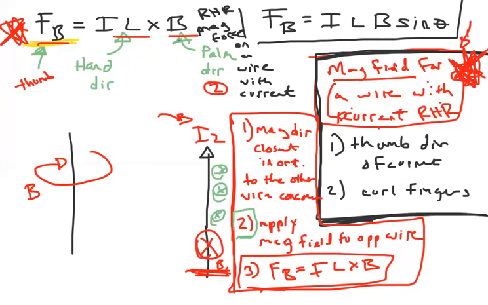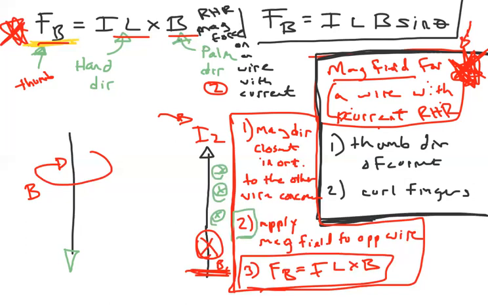They help you get the magnetic field from the current, or the current from the magnetic field. If you know the magnetic field, you can curl your fingers literally in the direction of the magnetic field, with your thumb left extended. When you do that, your thumb ends up pointing down. That's the direction of current based off that magnetic field. Does that make sense?